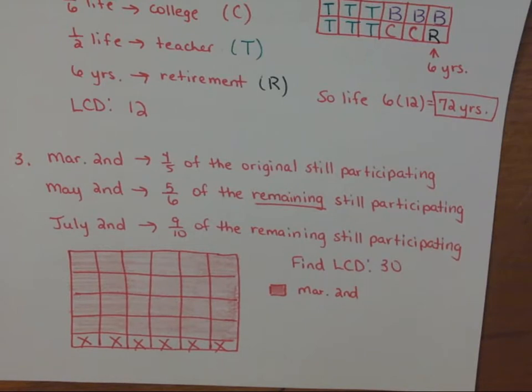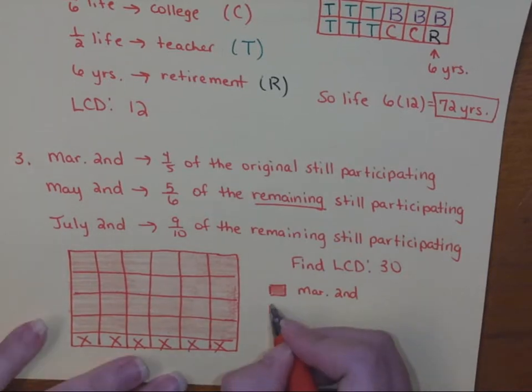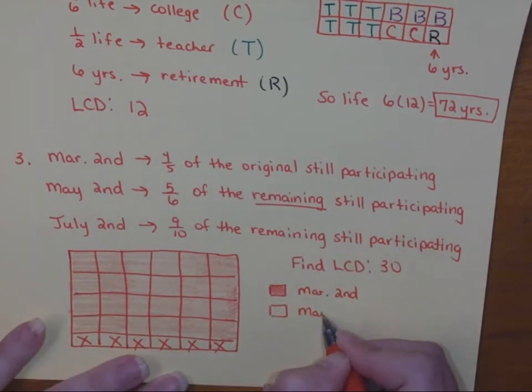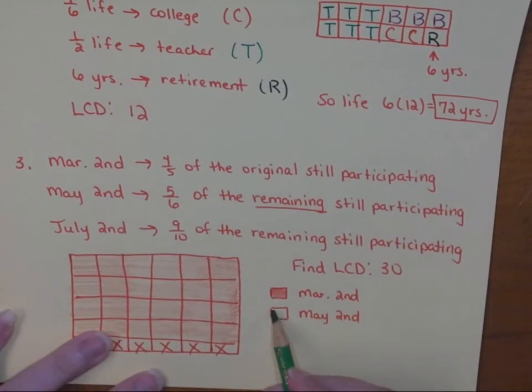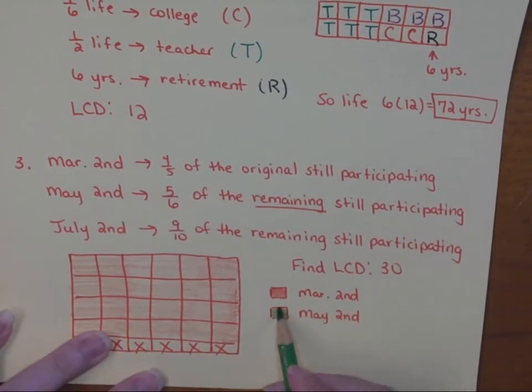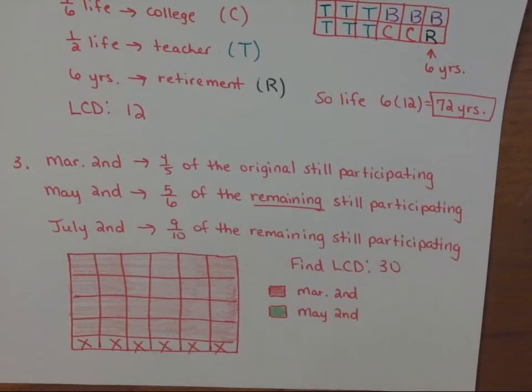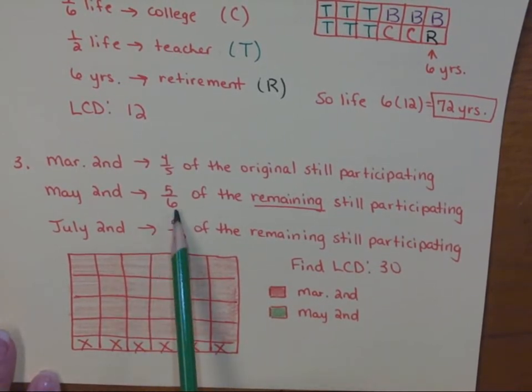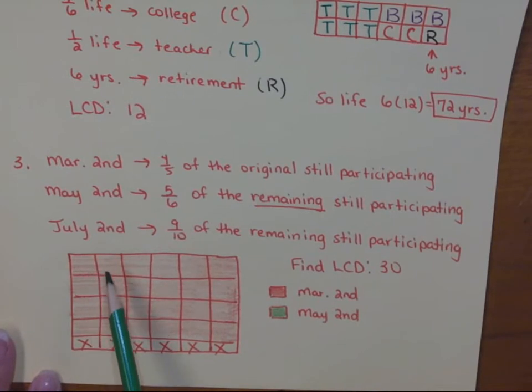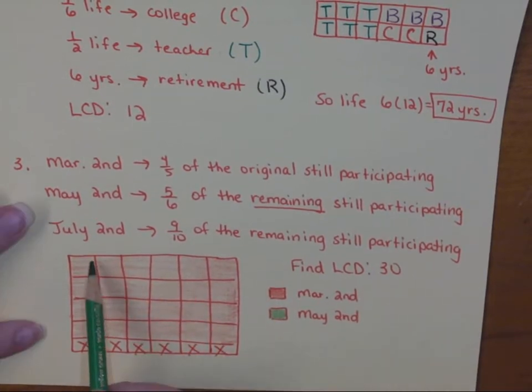Okay, so now let's go to May 2nd. I'm going to pick a little bit darker color. So for the May 2nd people, I'm going to use green. Now notice, these people have already quit, right? So it's only these people that are left. So how am I going to do 5/6? Well, notice 1, 2, 3, 4, 5, 6 columns, and I only want 5 of those columns.